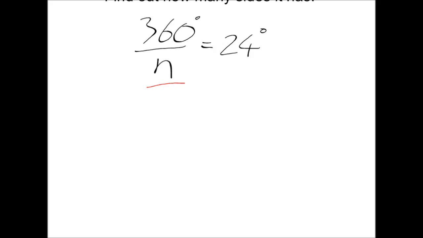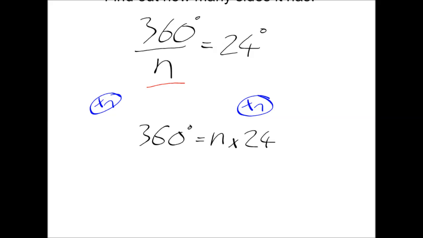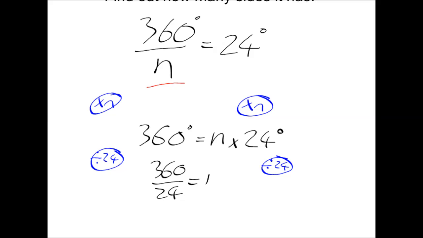So what we need to do is rearrange this in order to find it. Firstly, we times both sides by n. That ends up giving us 360 degrees equals n times 24 degrees. Then, to get n on its own, we divide both sides by 24, so we get 360 over 24 equals n.